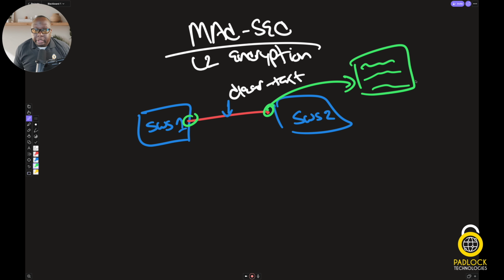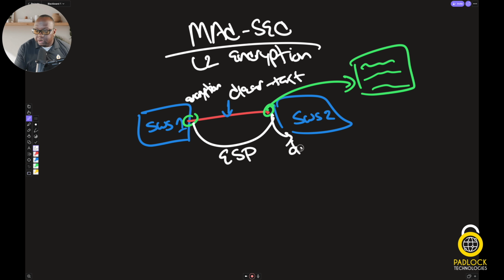Now, what MACsec does is it encrypts the communication between these switches. So on ingress or egress, you'll have encryption here, and then down here you will have decryption when it gets to the ingress of the upstream or downstream switch.